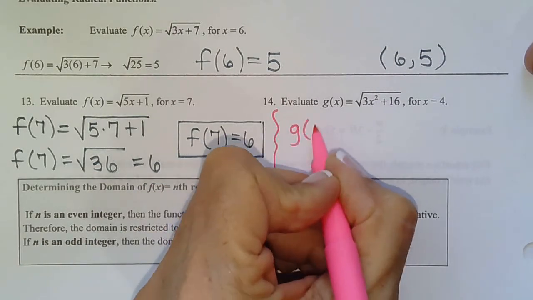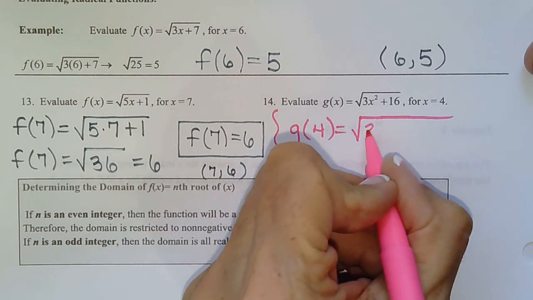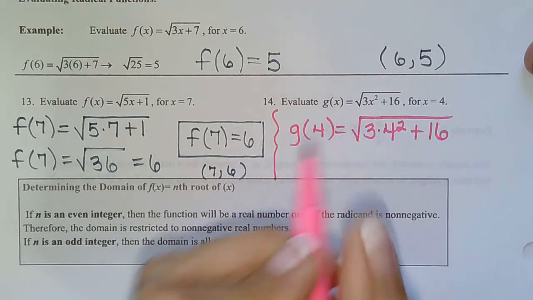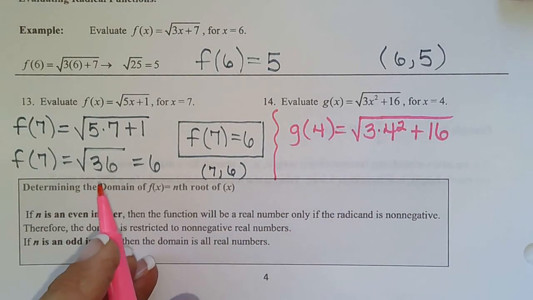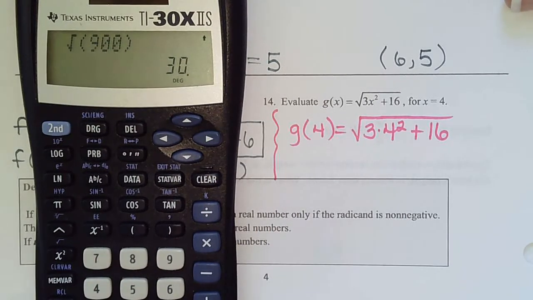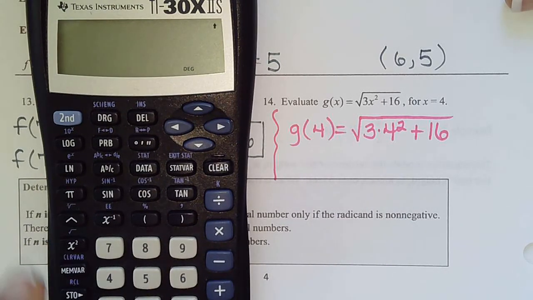So g of 4 equals the square root of 3 times 4 squared plus 16. So 48 and 16, 64. But I just want to show you how to do it on the calculator as well.